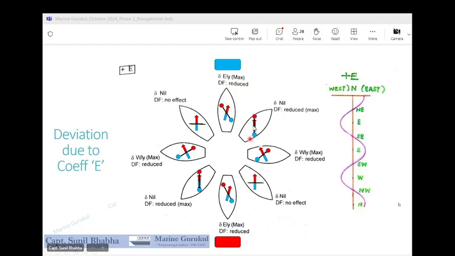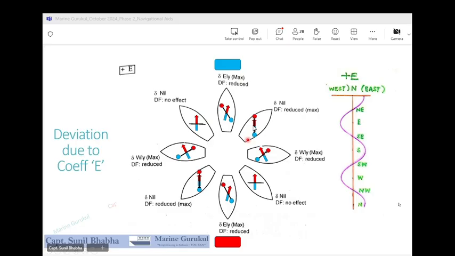But these poles are exactly north and south of the compass location, thus generating no deviation at all. For generating any deviation, the poles generated should be at some angle to the north-south line, or at some angle to the magnetic field of the earth or to the magnetic needle, and in this case, this angle being 0, no deviation is generated.